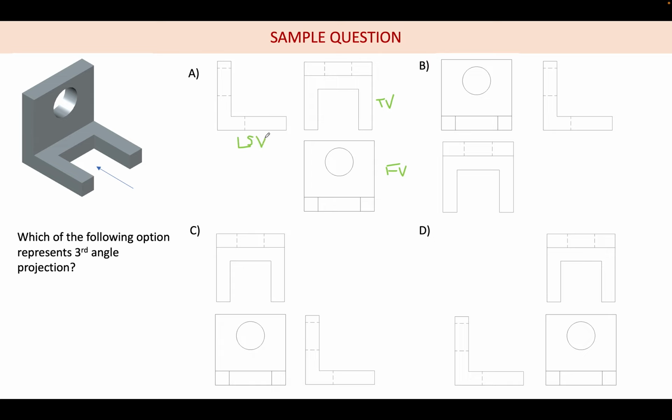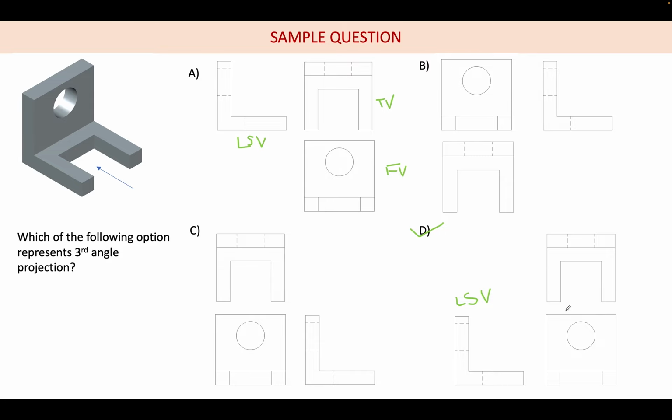But one more thing, does the side view come next to the front view or next to the top view in any angle of projection? If you just saw, can you recall? Sorry, option B. Yes. Are you able to see the reason? Because always your left side view, no doubt, should come on the left hand side, that is one thing.